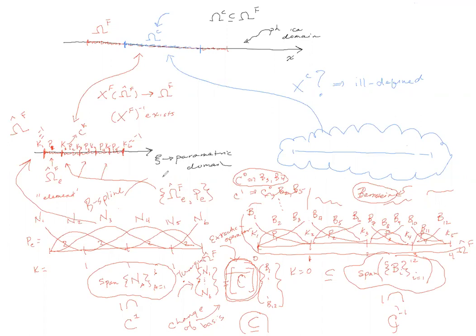But the punchline is that if I can write down a parametric domain, define the polynomial segments and the smoothnesses, I know there exists this linear transformation, and I'm going to leverage this in finite elements to generate very, very general spline spaces that we can use for all kinds of things.